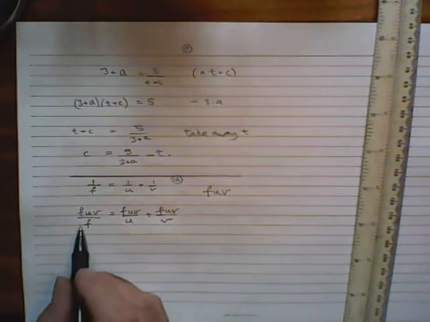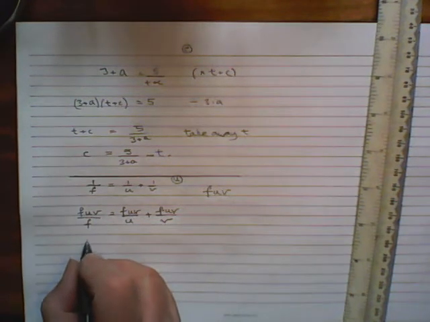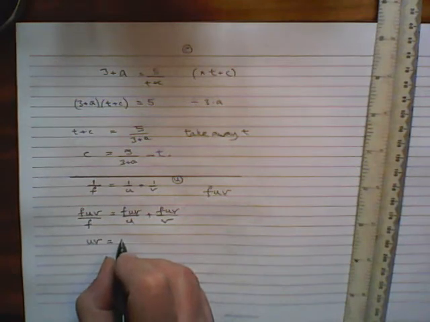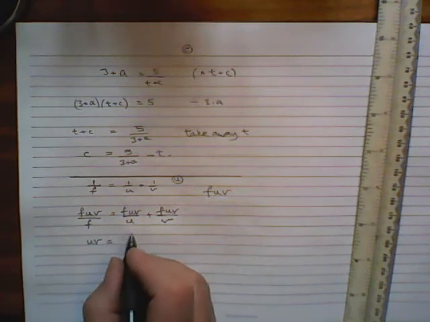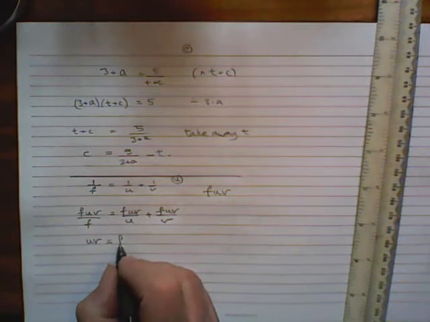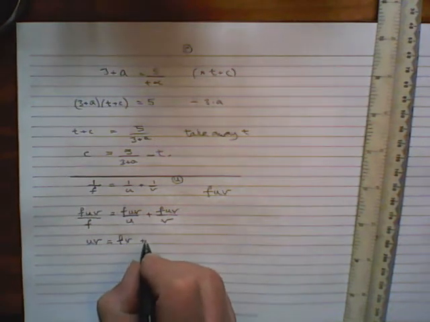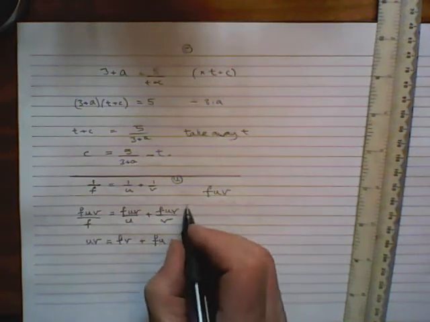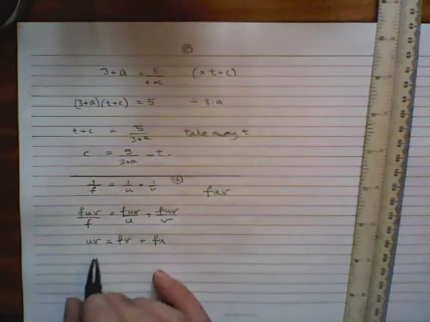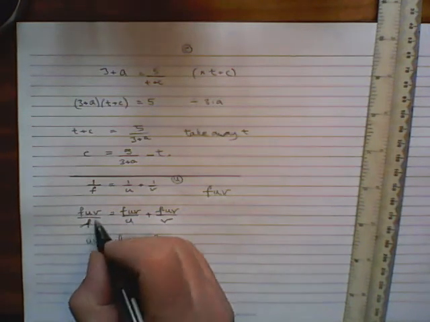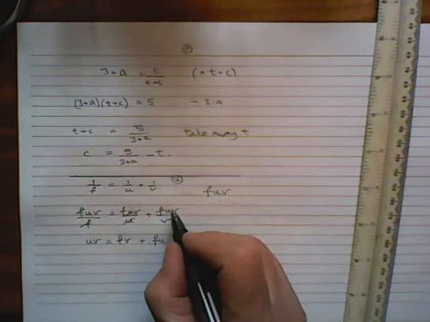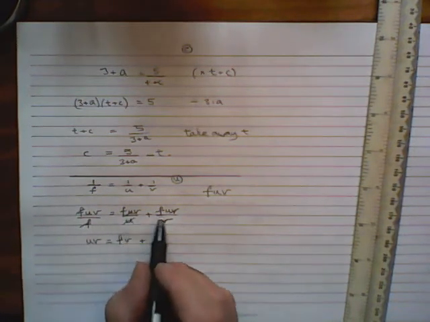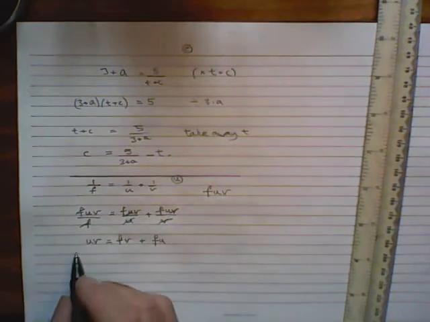Now, a lot of you will be guessing already that we can cancel these out, which leaves us with uv equals, let's cancel the v, fv plus, and I'm going to cancel the v's there, fu. I didn't do it because it looks complicated, but now you can see that I will do it here. Cancel the f's, cancel the u, cancel the v, and we end up with uv equals fv plus fu.